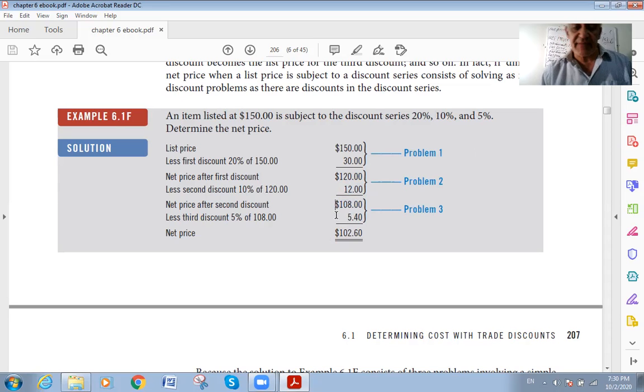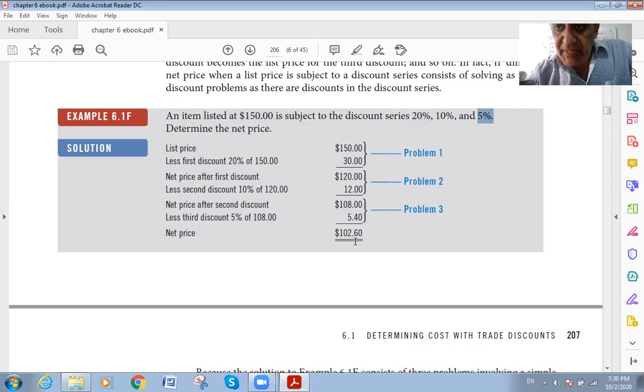$108. That's fine. So this is the net price of stage 2. It will be the list price of stage 3. Now in stage 3, the 108, which resulted from stage 2, I will multiply by 5%, because the third discount is 5%. So what is the list price of a stage?